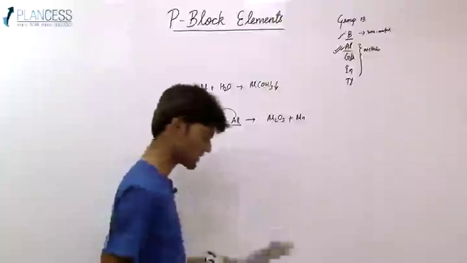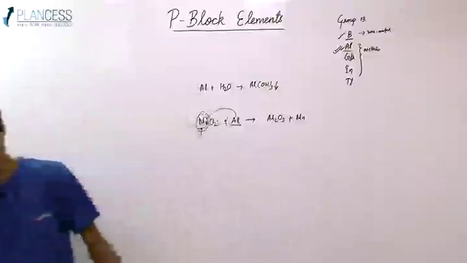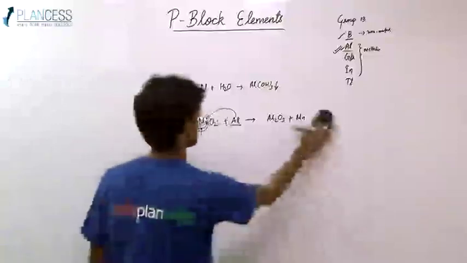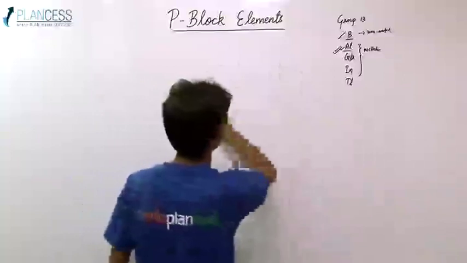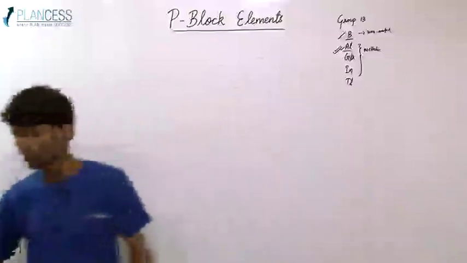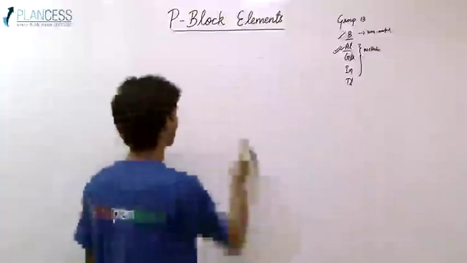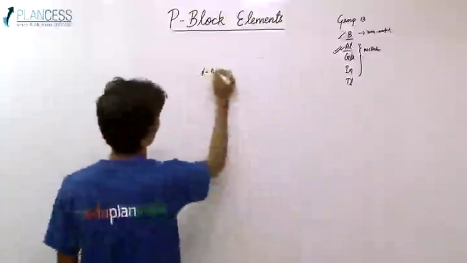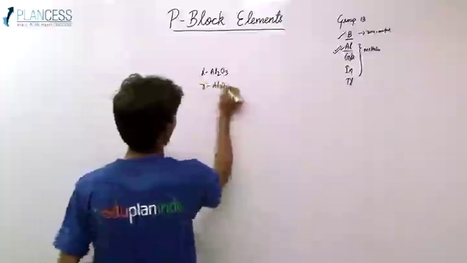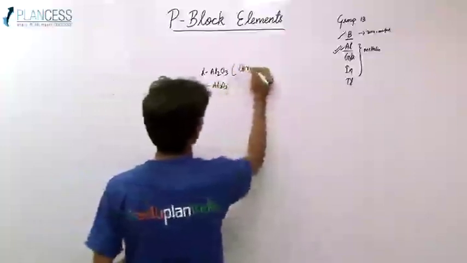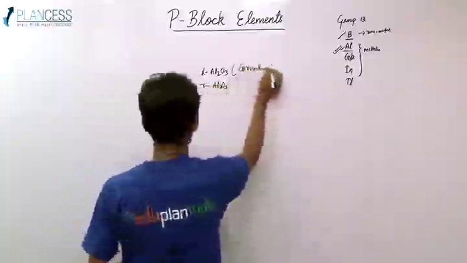Now considering Al2O3, aluminium oxide. Aluminium is generally found in the form of Al2O3, that is bauxite and corundum. There are two forms, alpha Al2O3 and gamma Al2O3. Alpha Al2O3 is also known as corundum.